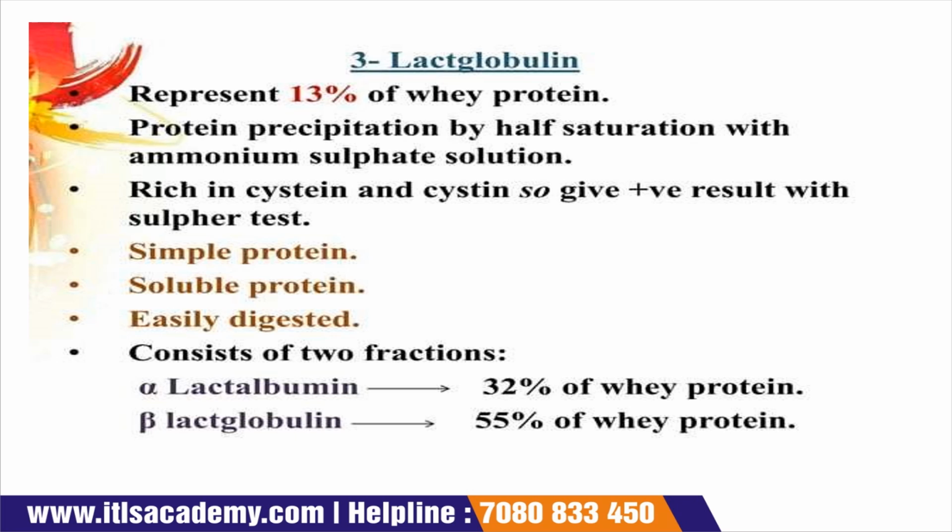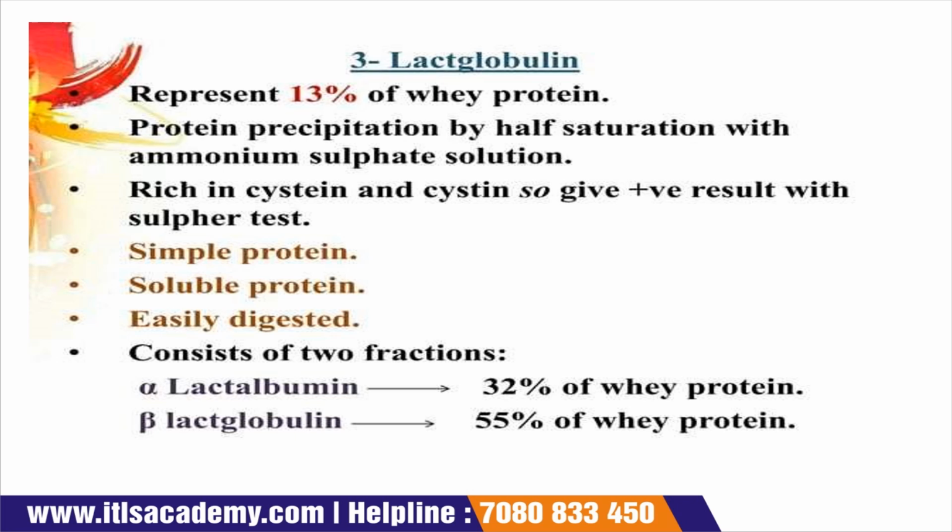It represents around 13% of the whey protein, and it is precipitated by half saturation when it reacts with ammonium sulfate solution. Okay, it is also rich in cysteine and cystine, so it will give a positive result when we perform a sulfur test. It is also a simple protein, soluble protein, and easily digested protein.